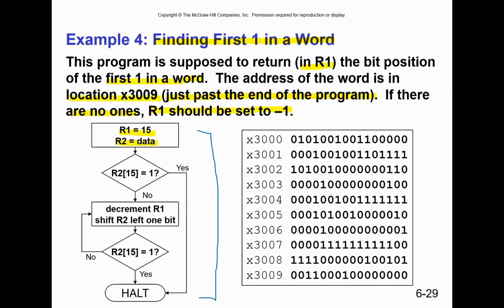How about R2[15] equals 1? If this is true, the program halts. But if R2[15] is not equal to 1, it decrements R1 and shifts R2 left 1 bit. You can look at this chart again so you can understand more about finding the first one in a word.